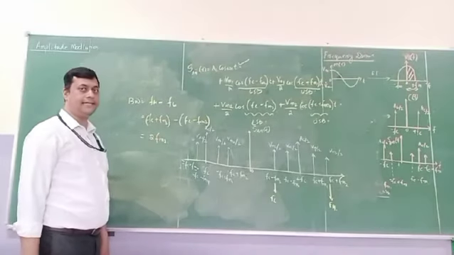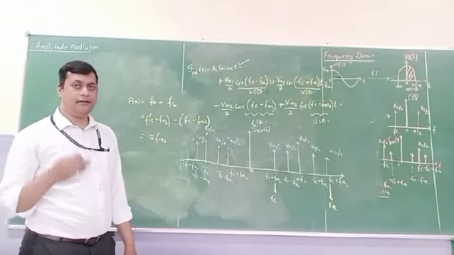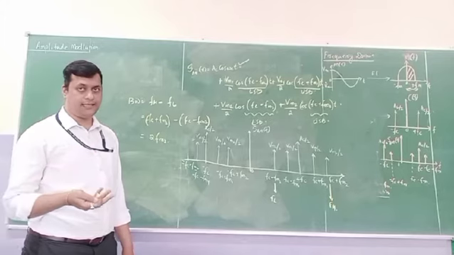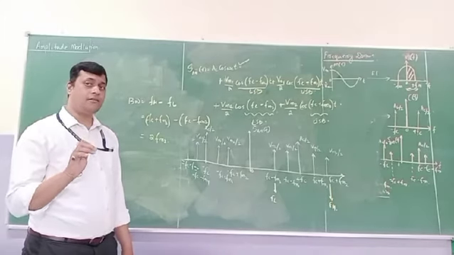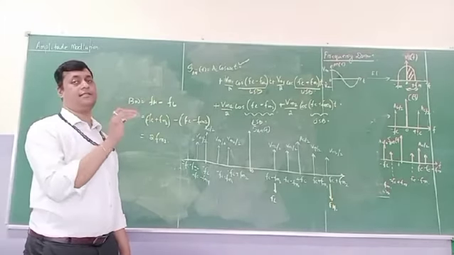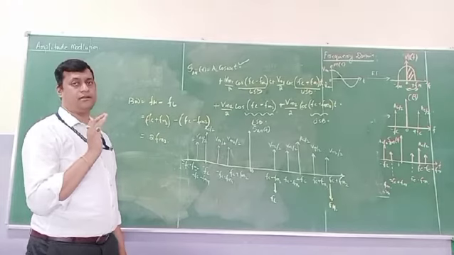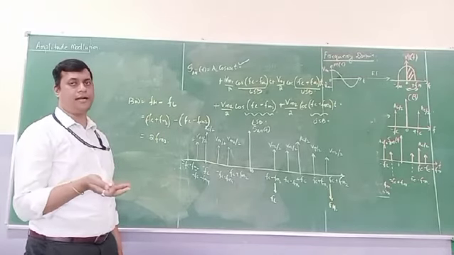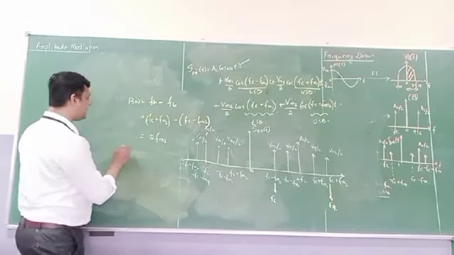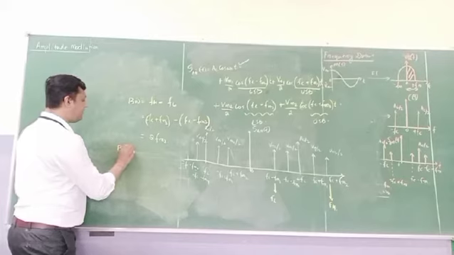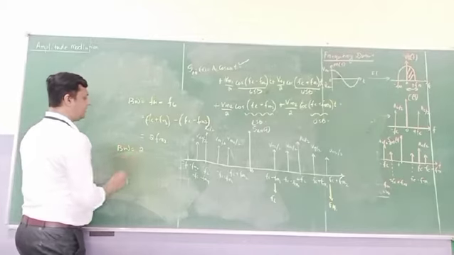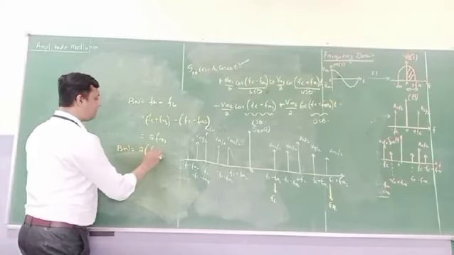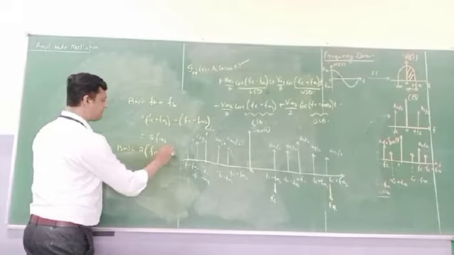So that indicates the bandwidth of a multi-tone signal depends on the maximum frequency present in the multi-tone signal, multiplied by a factor of 2. So here I can write the bandwidth of a multi-tone signal is twice Fmax.